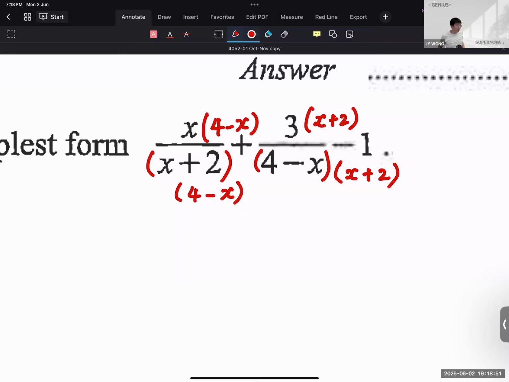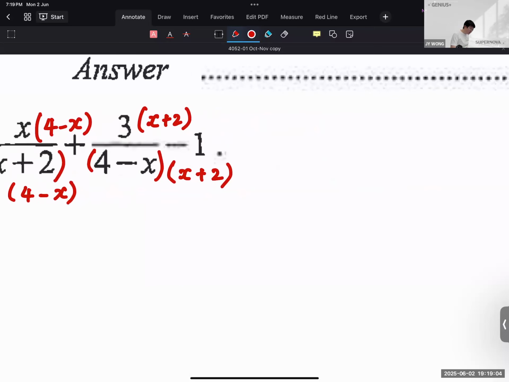Now, the only thing that is complicated here is actually the 1. What do I need to do to the 1? How to make it the same denominator? What is 1? Or what is any whole number? It doesn't necessarily need to be 1, it can be any whole number, right?